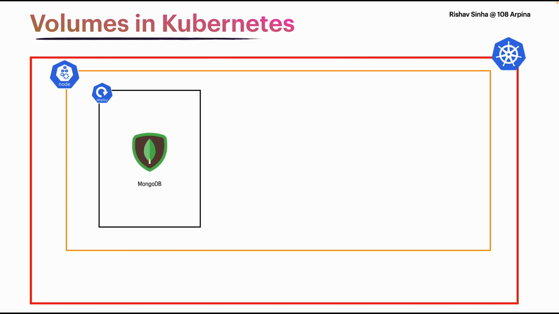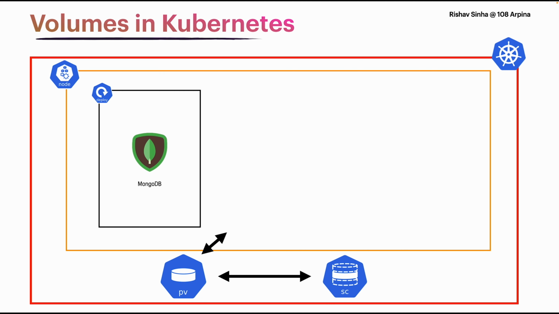The first thing is a storage class. Basically we write a storage class to provision different storage classes onto a Kubernetes cluster, and this is a cluster-wide resource, so any other node can also use this. Then we assign a PV, which is known as a persistent volume.